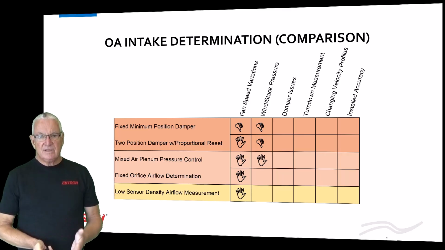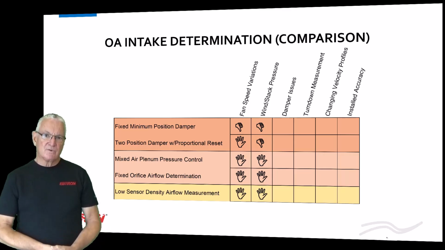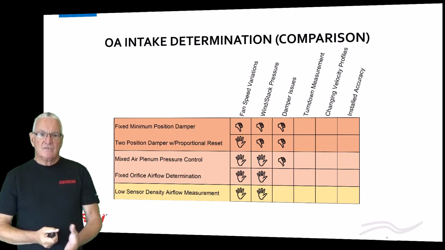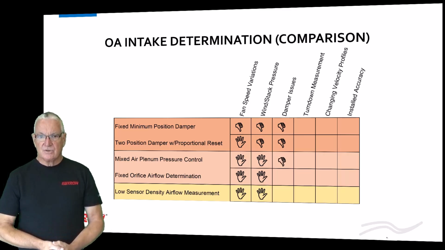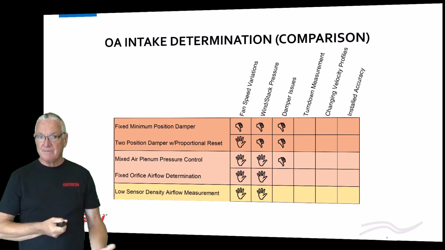And we'll give the rest of these the benefit of the doubt that, yes, they can compensate for it to some degree. When you get into damper issues, all of a sudden mixed air plenum pressure control is out the window, because you're depending on a fixed damper position.